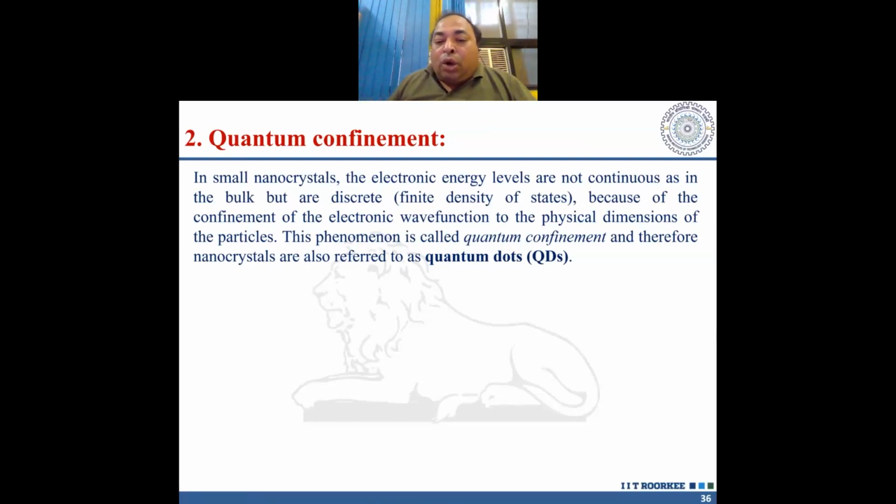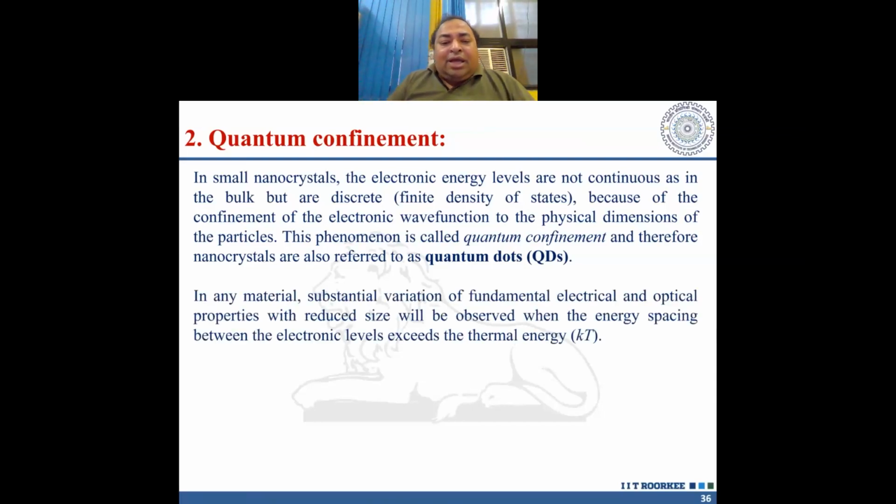This phenomenon is called quantum confinement, and therefore nanocrystals are also referred to as quantum dots. In any material, substantial variation of fundamental electrical and optical properties with reduced size will be observed when the energy spacing between the electronic levels exceeds the thermal energy, which is kT.